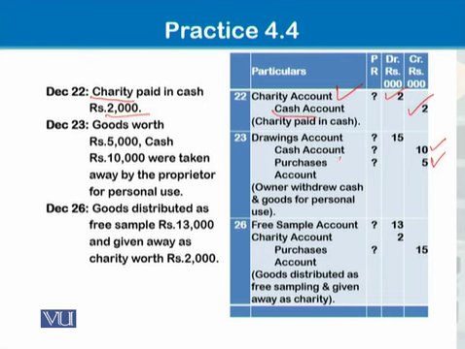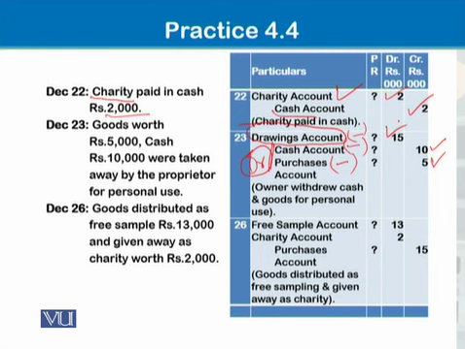So purchases are reducing and cash is reducing. Both will be credited because the nature of both accounts is debit. And drawing being contra to capital, or to be reduced from owner's equity, would always be debited.